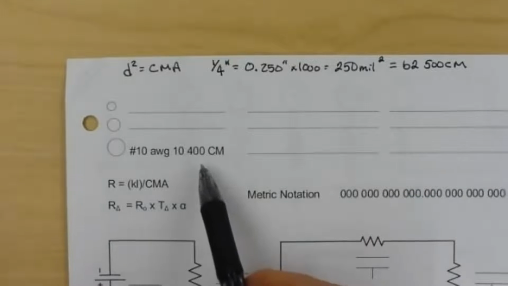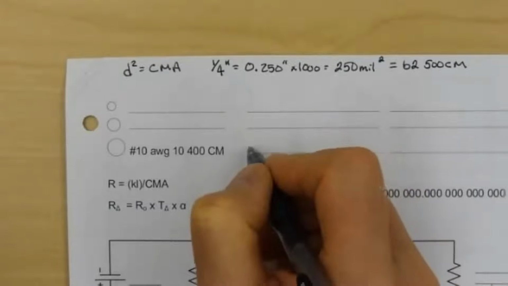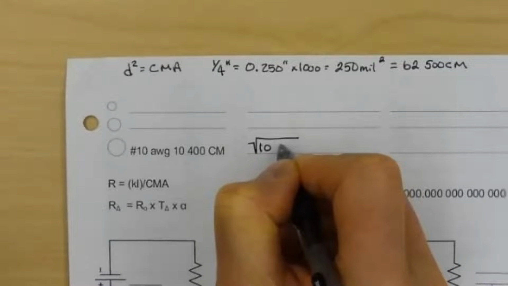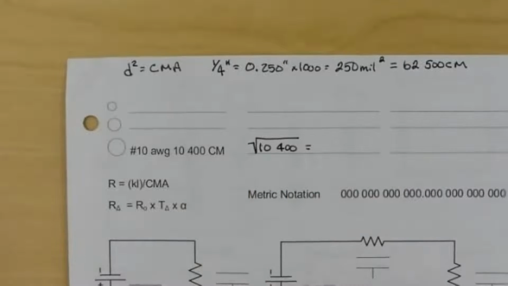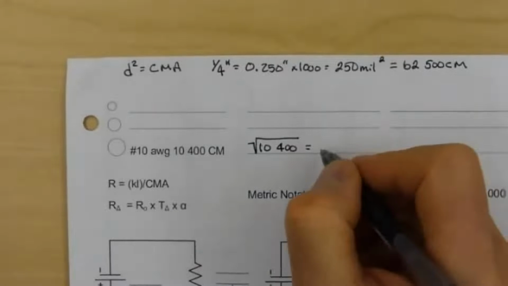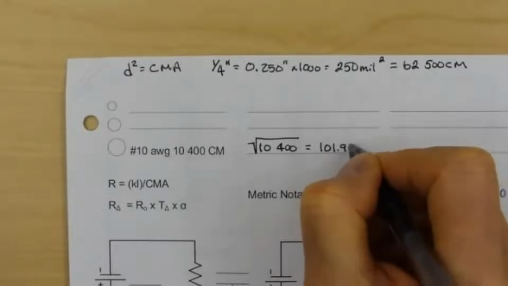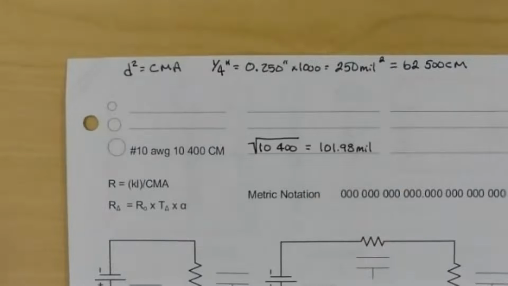So let's do that with our 10,400 circular mils. Let's find the square root of that. 101.98 mil.